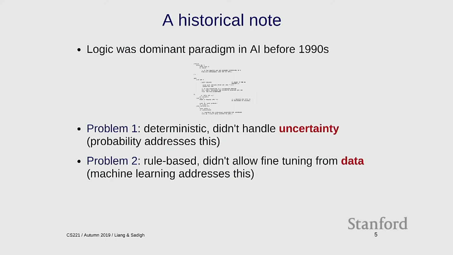One is that logic was deterministic, so it didn't handle uncertainty very well. That's why probabilistic inference and other methods were developed to address this. It was also rule-based, which didn't allow you to naturally ingest a large amount of data to guide behavior. And the emergence of machine learning has addressed this.